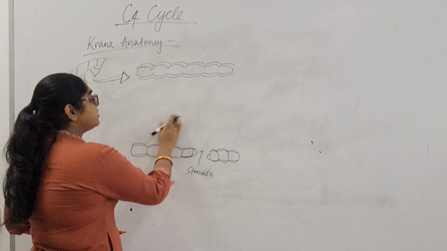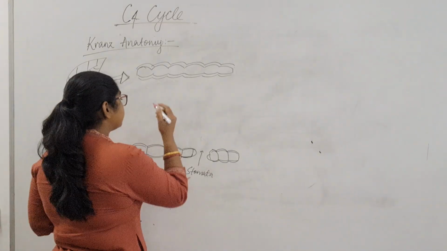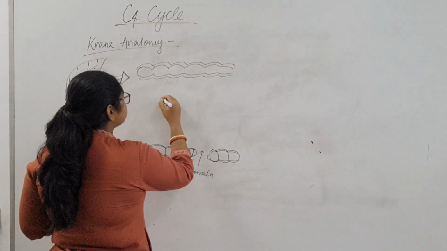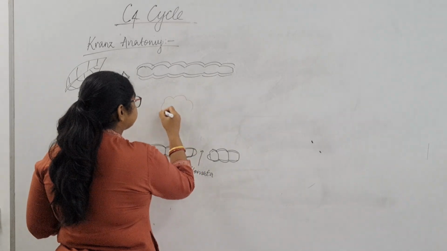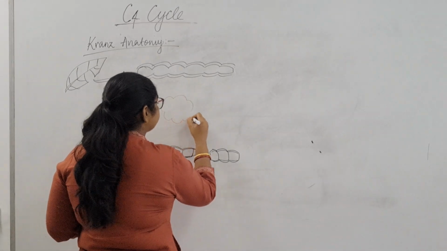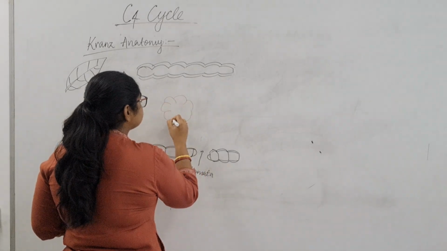Okay, and in the center of it, the vascular bundle is present. Vascular bundle means the phloem and xylem. The vascular tissues are present, surrounded by a ring of cells.